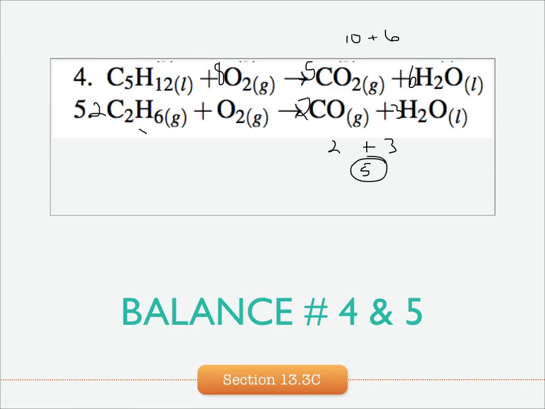So take this out, take that out, make this a 4, make this a 6 now. And so now I've got 10 oxygens, and so this can be a 5. And then when you're done, this is always going to be the odd number, and all the other ones are going to be even when you're done balancing.